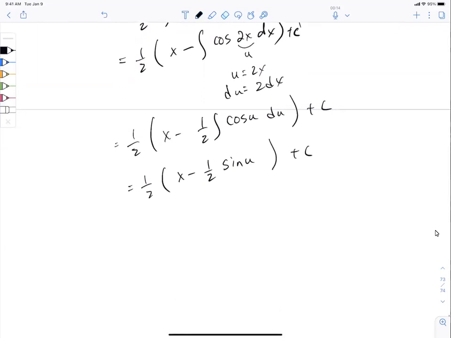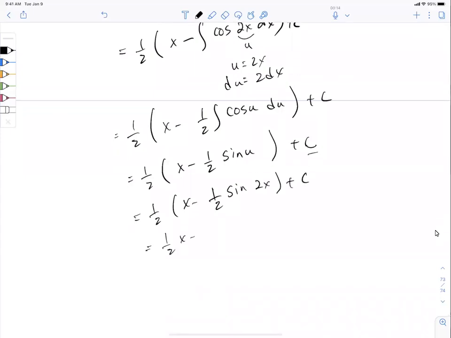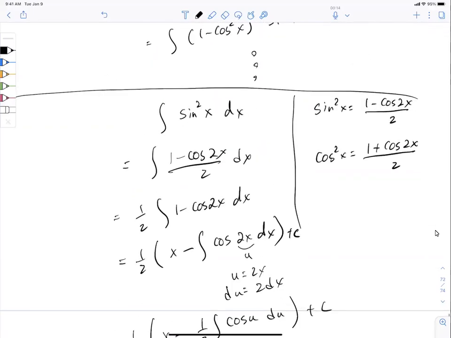And that c is now a different c, but still does the same job. It's a constant. And then I replace u back with 2x. So that's how you handle the even power of sine, or cosine. Same thing with cosine: you would use the second identity.